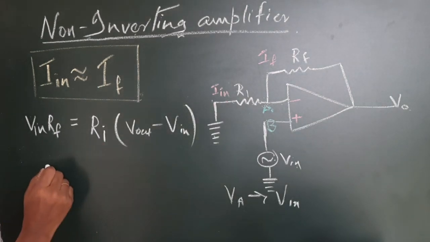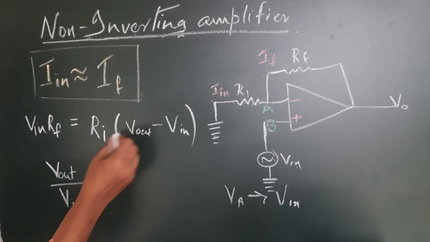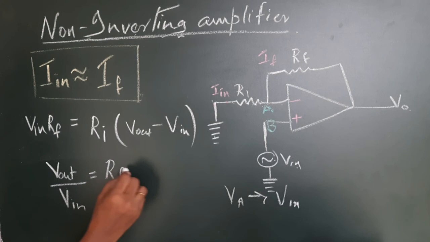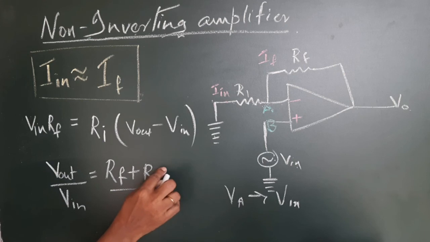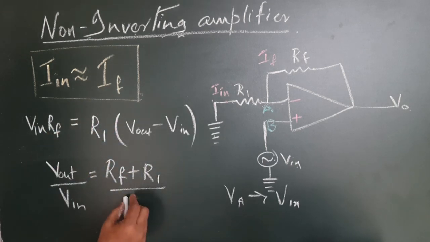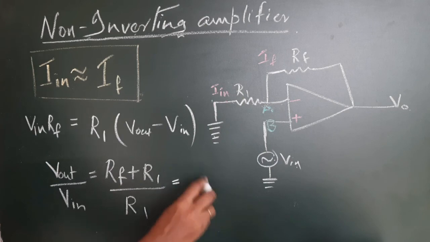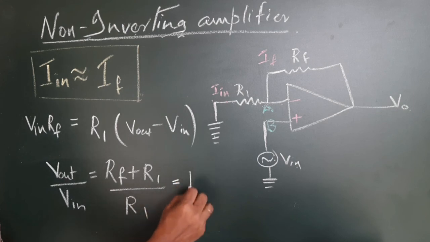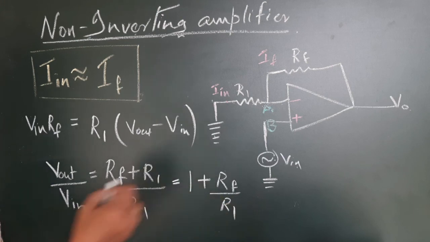Now on rearranging this again, we will get V out by V in equal to RF plus R1 by R1, and this is nothing but 1 plus RF by R1.